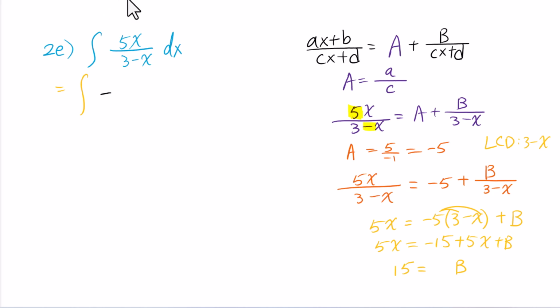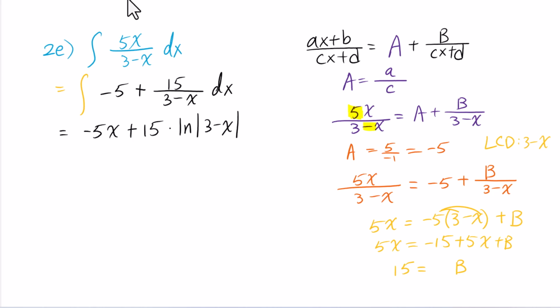The integral of negative 5 plus 15 over 3 minus x dx equals negative 5x plus 15 times natural log of absolute value 3 minus x times 1 over p.